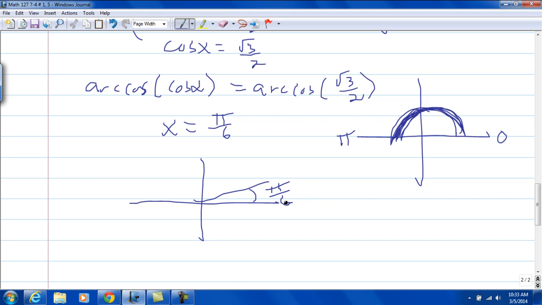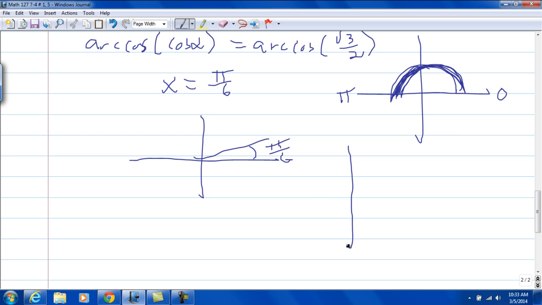And that's where a lot of students, I get a lot of questions about this. They keep forgetting that arc cosine only gives values in 2 quadrants because for it to be a function, it can only be restricted to those 2 quadrants. It can't be all 4. Otherwise, we have a non-function. So to keep it as a function, we have to restrict the range.